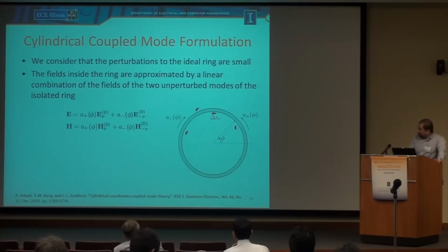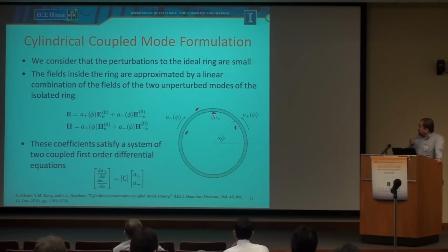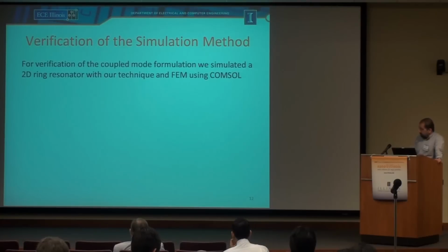The only difference is that in this case the amplitudes are functions of phi. And we can get a coupled mode formulation for that, which shows how these two amplitudes get coupled when there is some perturbation added to the structure. Using that, we can do our design using this method.